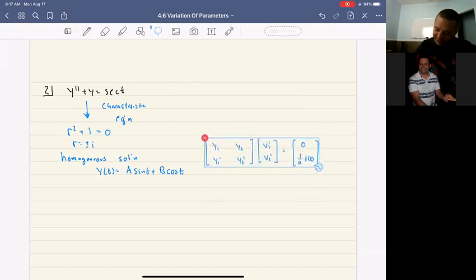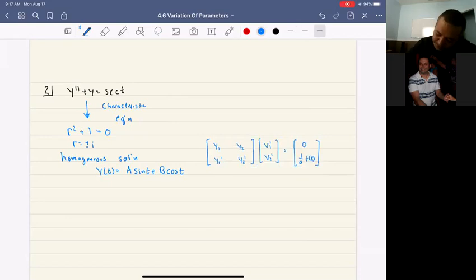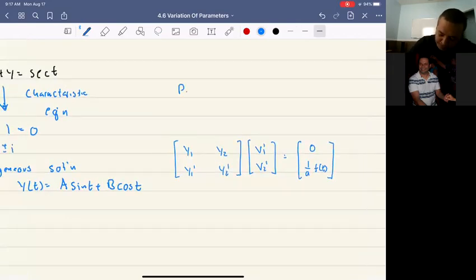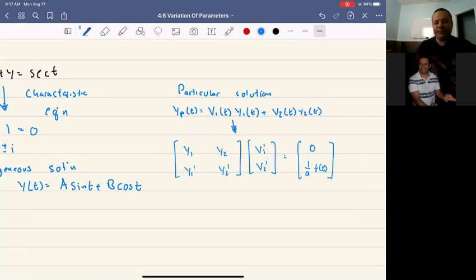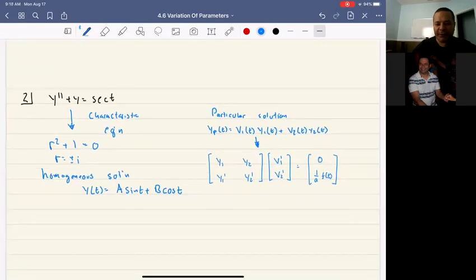So for the particular solution, remember, we assumed that yp of t is v1 of t y1 of t plus v2 of t y2 of t, and we get to this system. So let's apply it for this problem.